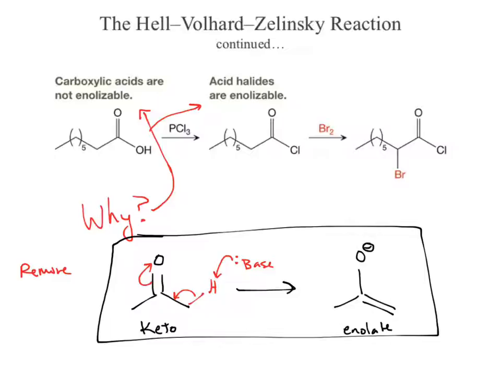And we would end up with the enolate. Make sense? And another H plus. That is our keto-enol tautomerization.